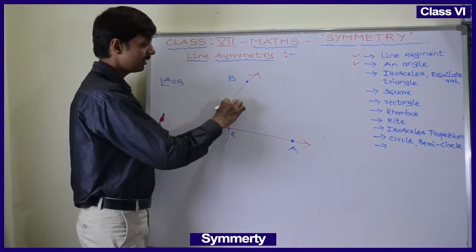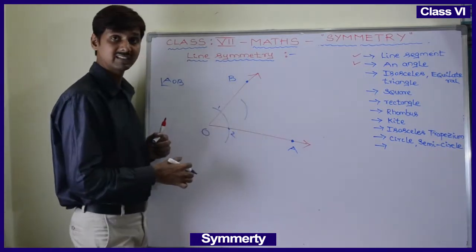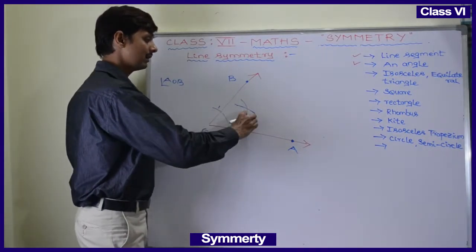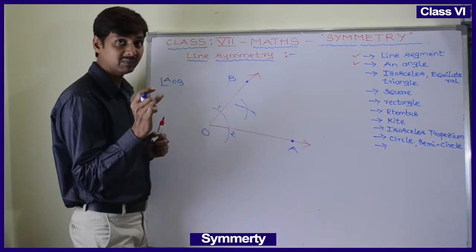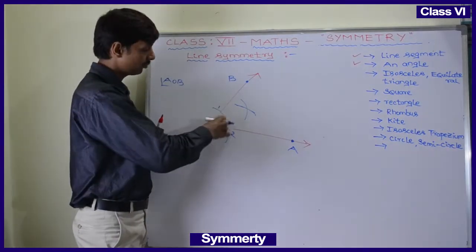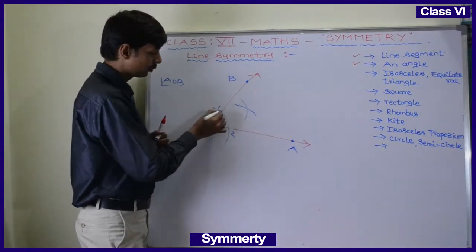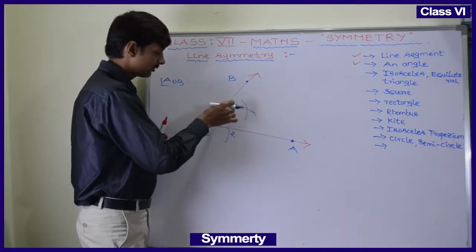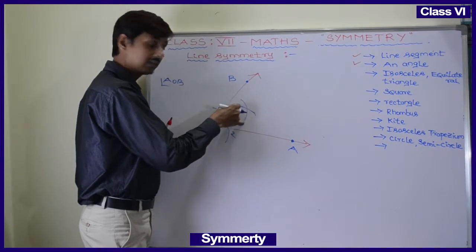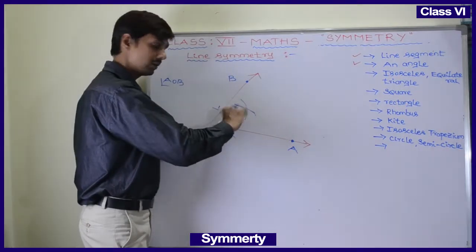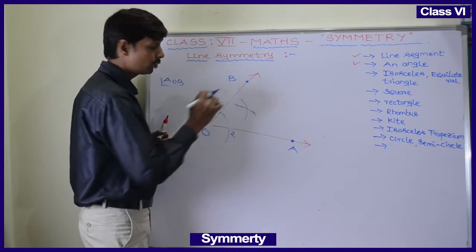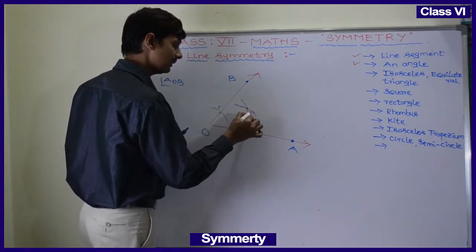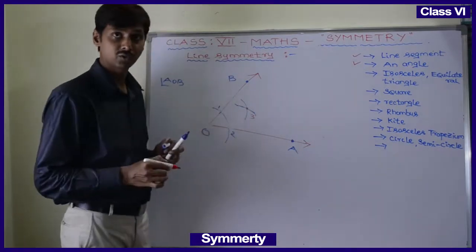Using point 1, make an arc again, using the same radius, and using point 2 make an arc. These two are intersecting at a point that is called 3.